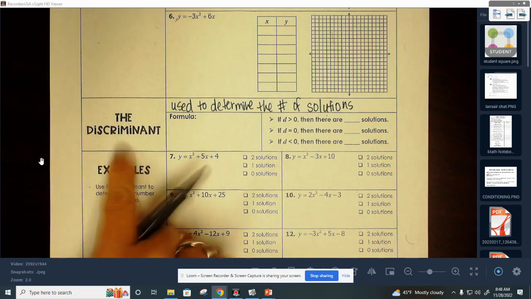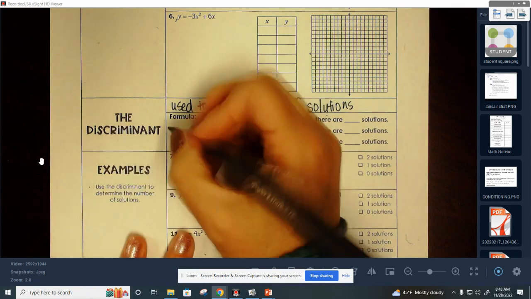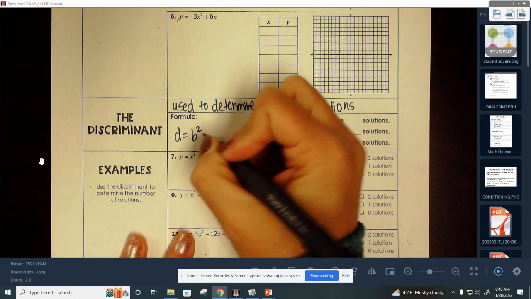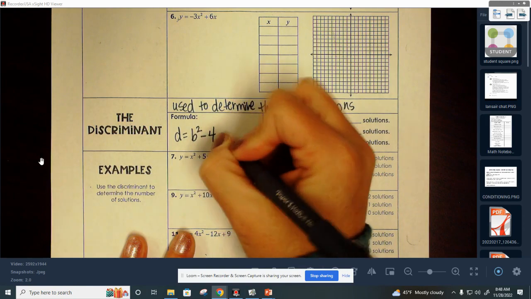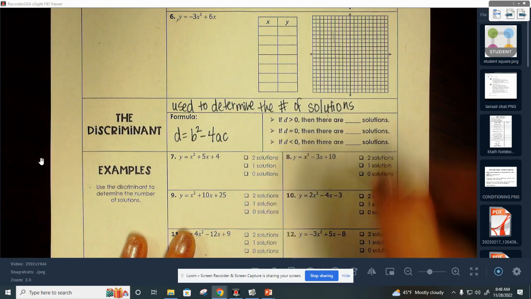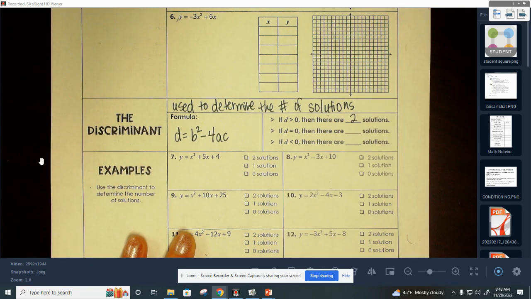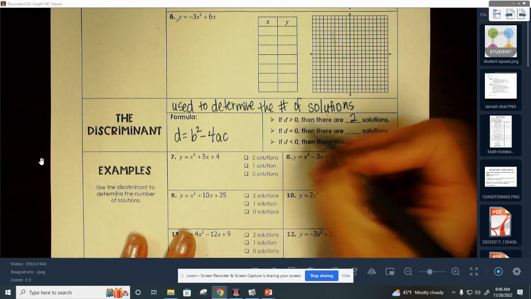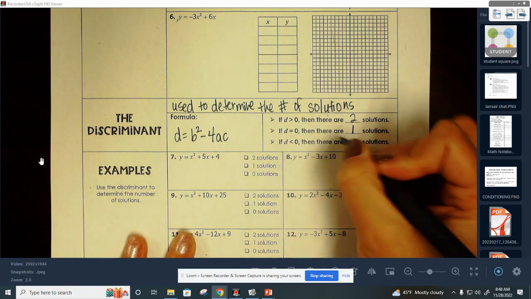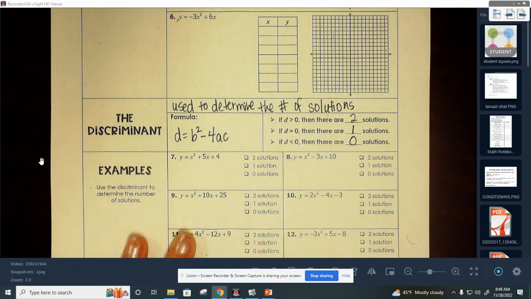So we're going to find what's called the discriminant, and we use a formula, D equals B squared minus 4 times A times C. If D is greater than 0, then there are 2 solutions. If D is equal to 0, there is 1 solution. And if D is less than 0, there are 0 solutions.